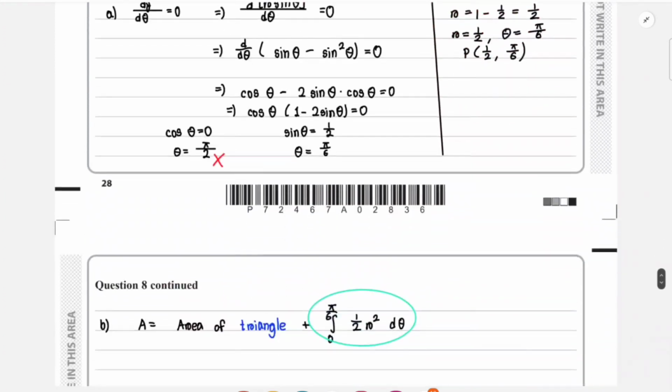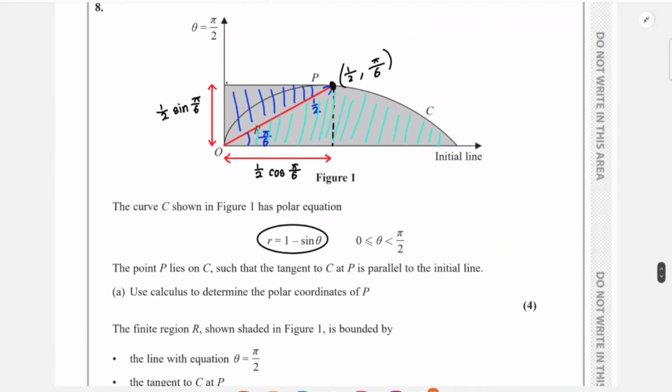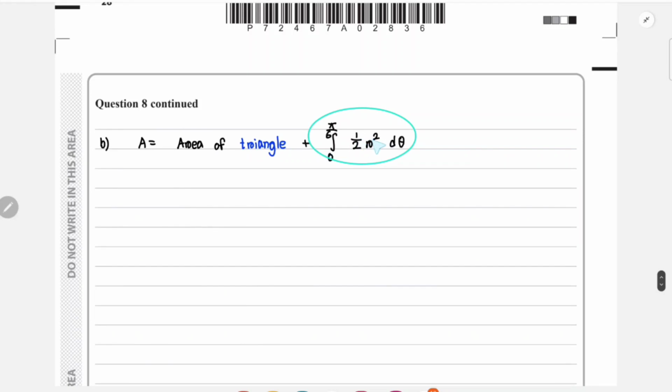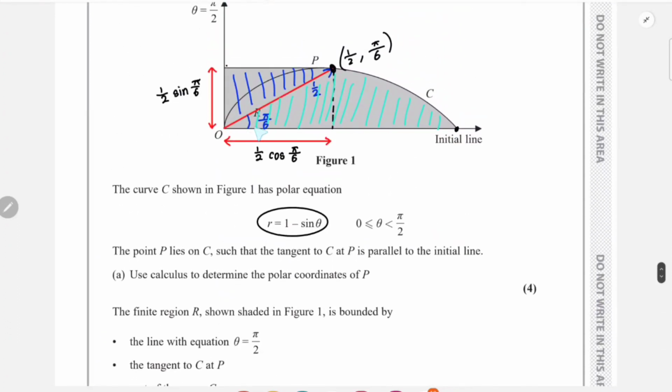So the shaded area A will be the area of the triangle plus the integral of this turquoise or cyan region from 0 to pi by 6, so from 0 to pi by 6, half r squared d theta. The area of the triangle, if you look, this is pi by 6 angle, and this red line over here is half in magnitude.